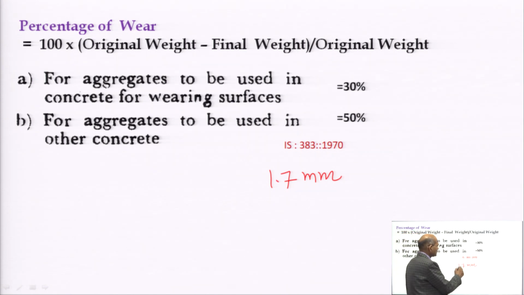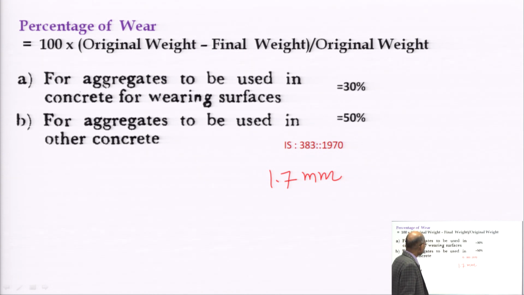So, after the washing you have to take the material in the oven, dry it at a temperature of 100 to 110 degree centigrade, and when there is no change in weight, in that case you take that value. So, whatever original weight you have taken, minus the final weight divided by original weight multiplied by 100 is going to give you the percentage of wear.